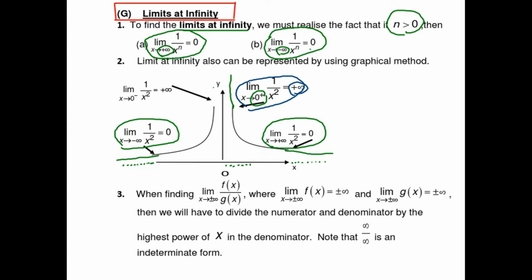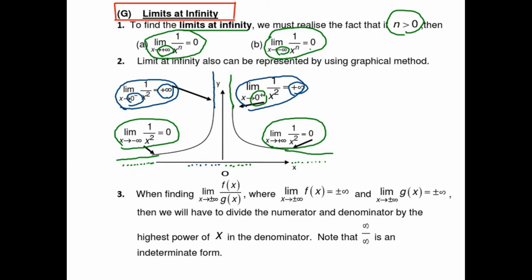When x approaches 0 from the left, y increases. So, the limit as x approaches 0 from the left of the function 1 over x squared equals positive infinity.